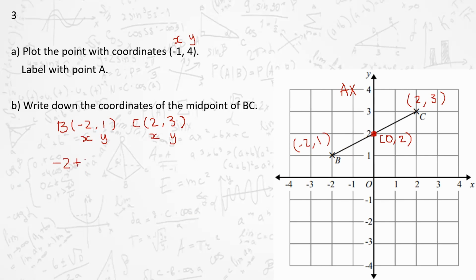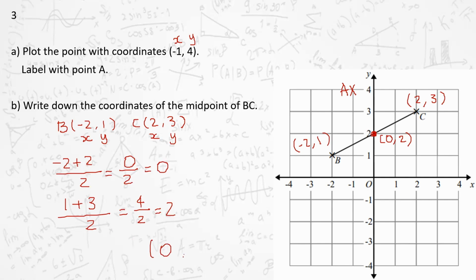Midpoint between the two axes. Minus 2 plus 2 equals 0, then 0 divided by 2 is 0. Midpoint of y-axis, 1 and 3 divided by 2. So that gives us 4 over 2, which is also 2. So yes, it was 0, 2 as our midpoint.